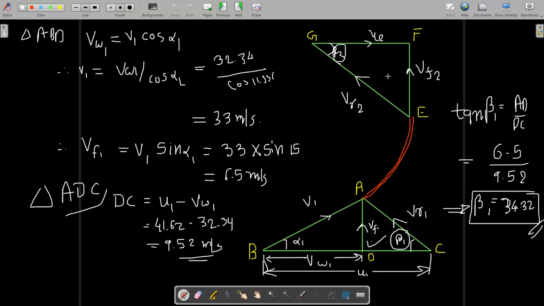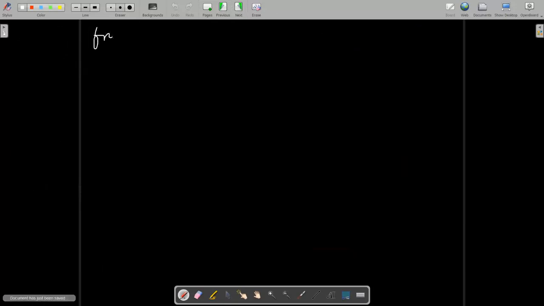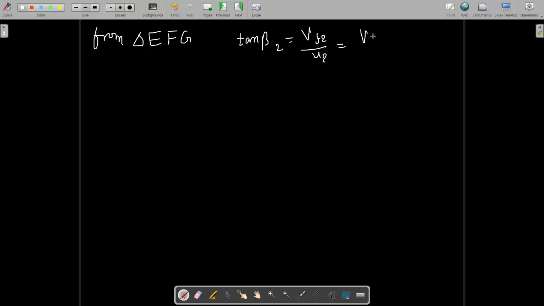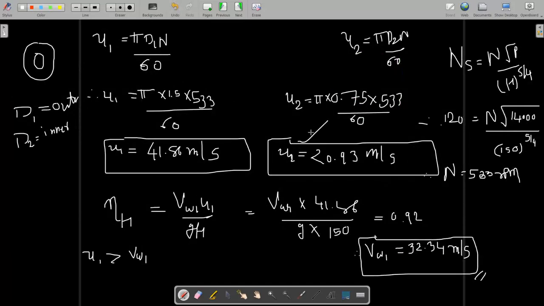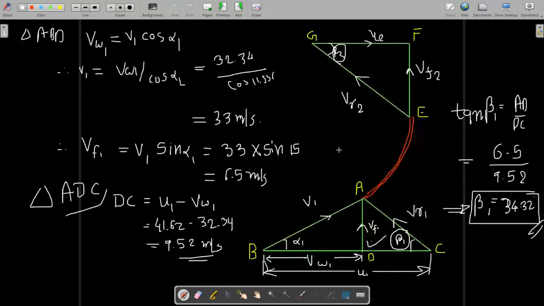From triangle EFG, we can say that tan beta 2 is equal to VF2 divided by U2, but we know that VF2 is equal to VF1, and U2 we have found, 20.93, and VF1 is 6.5 meter per second.